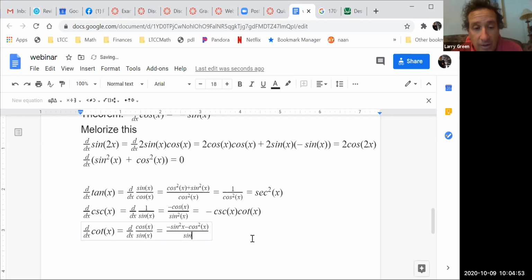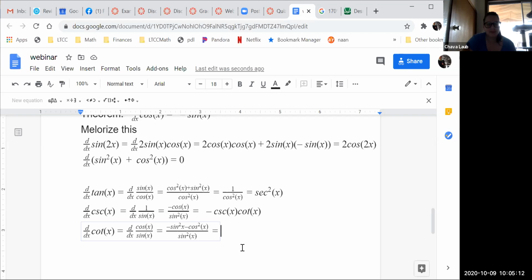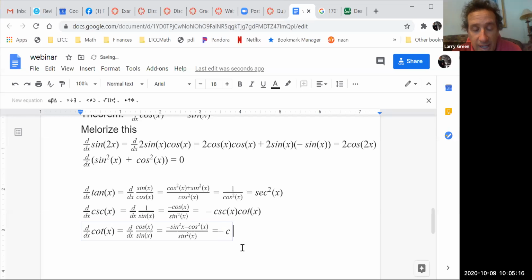Square the bottom and away you go. Sine squared of x. What is that numerator? The hint is it's beautiful. What does the numerator become? Negative 1. And negative 1 over sine squared is negative the cosecant squared of x. Any questions on that?